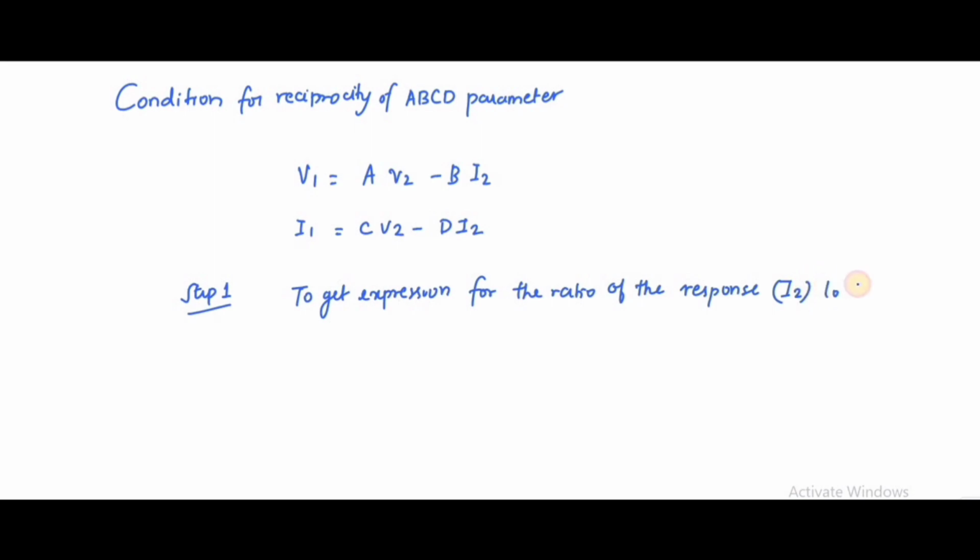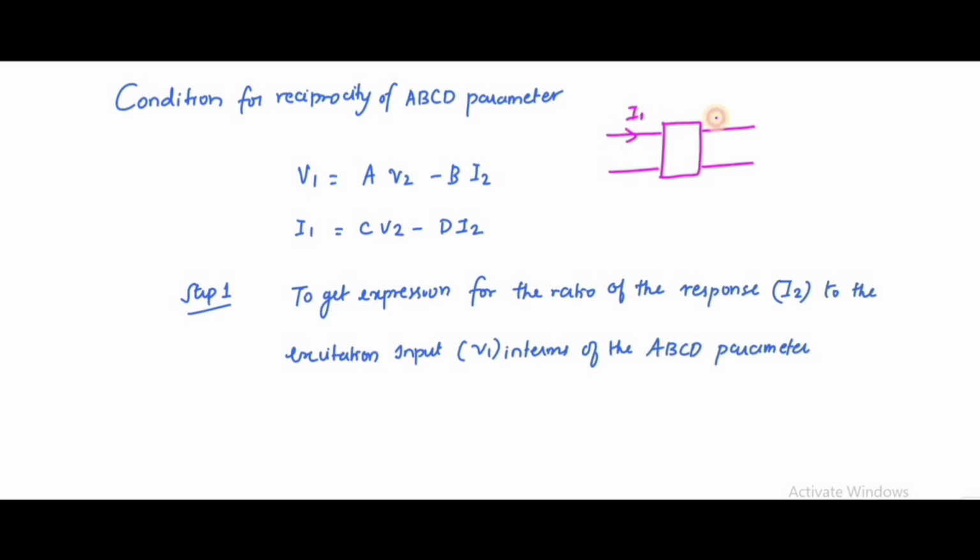Response means output, that is I2, and excitation means input, here V1. So at the input we connect V1, and at the output we measure I2. In terms of ABCD parameters, we then connect V2 as the excitation and find the response I1.